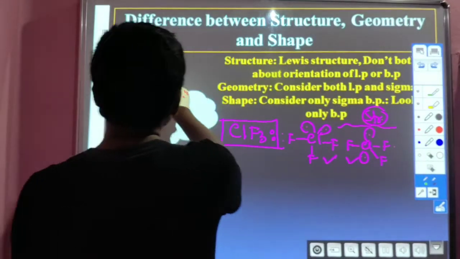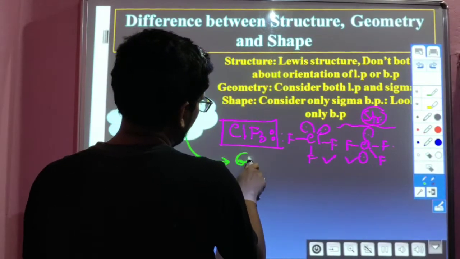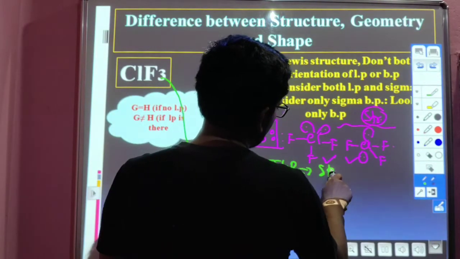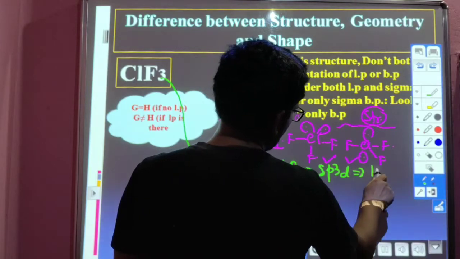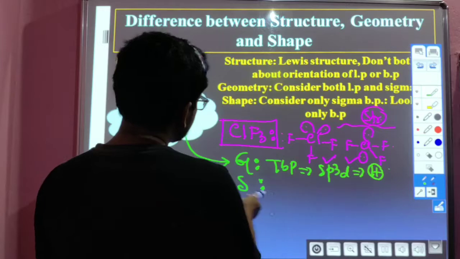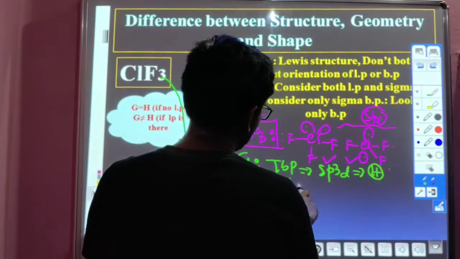What will be the geometry? Geometry is TBP because hybridization is sp3d. What is the shape? Shape is T-shape.